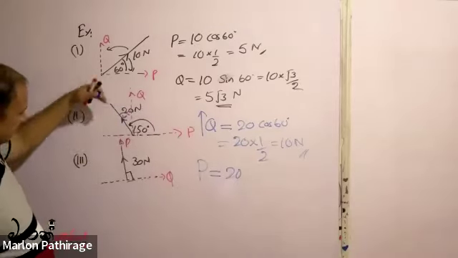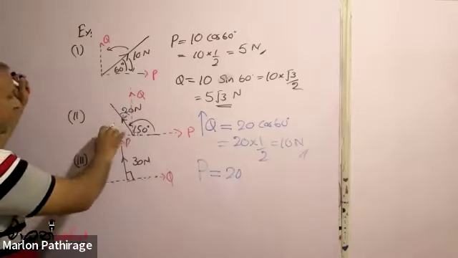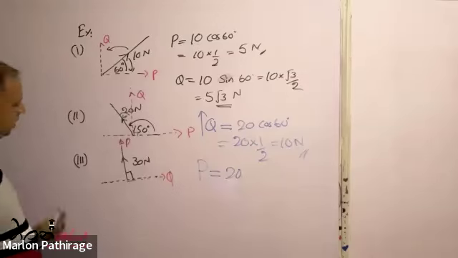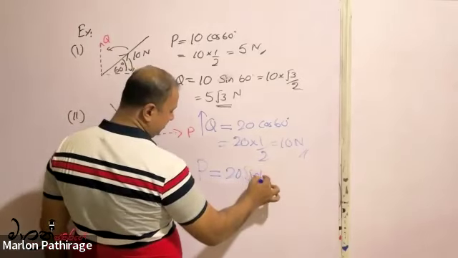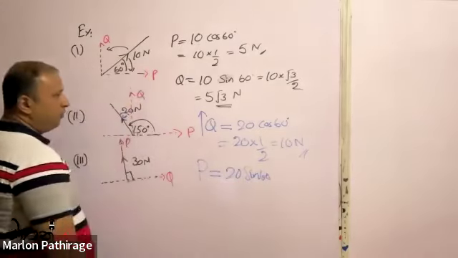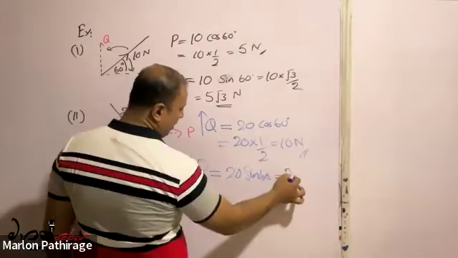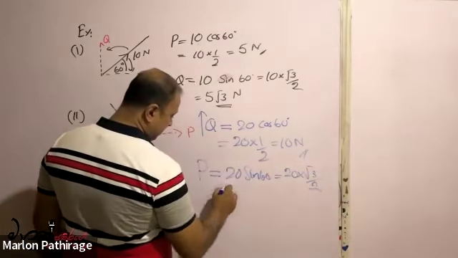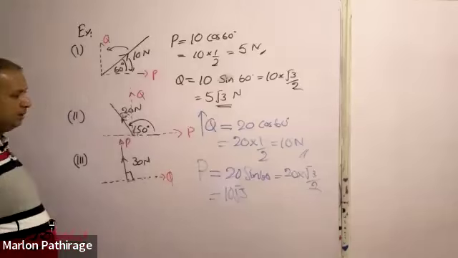So 20 sine 60. Therefore, P is equal to 20 into root 3 over 2. That means 10 root 3.